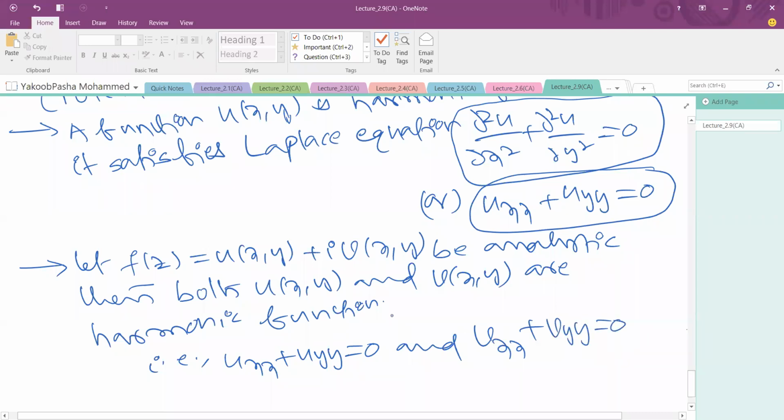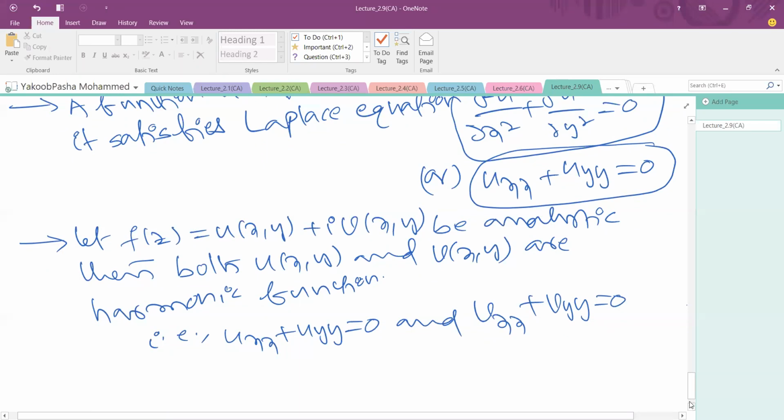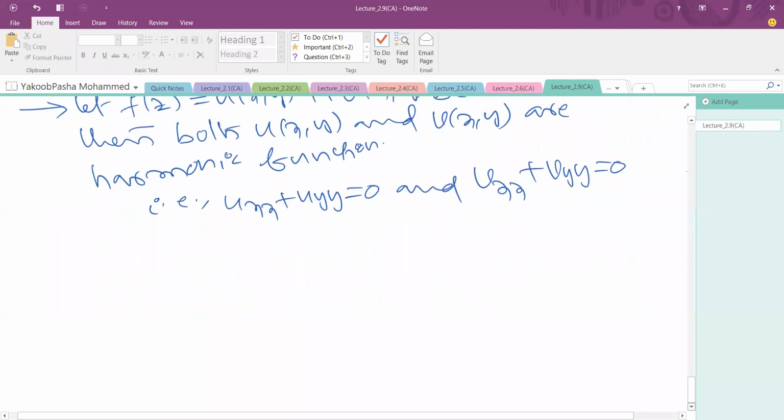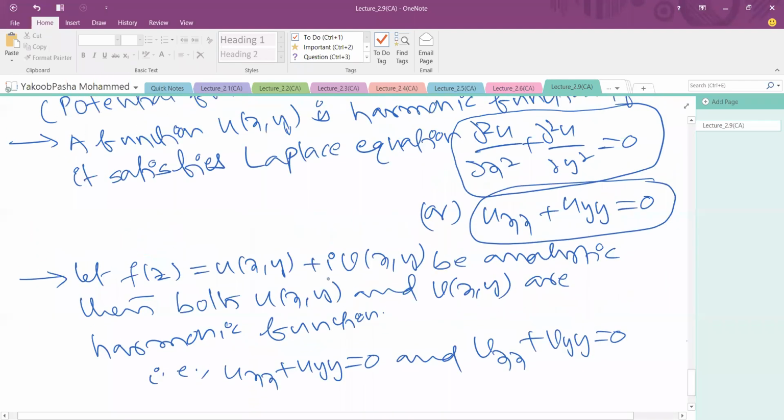This is possible when the function f of z is an analytic function. Whenever f of z equal to u of x comma y plus i into v of x comma y is an analytic function, then the components are harmonic functions, and here v of x comma y is called the harmonic conjugate of u of x comma y.